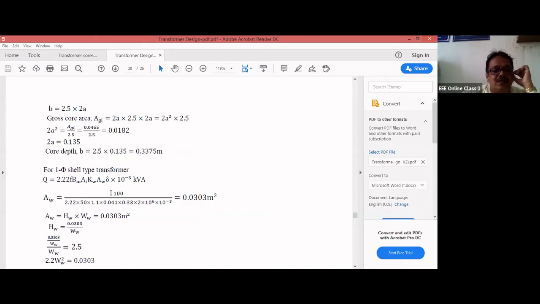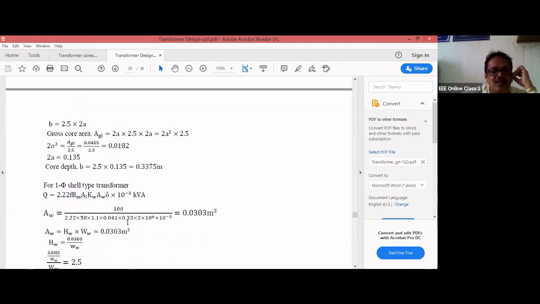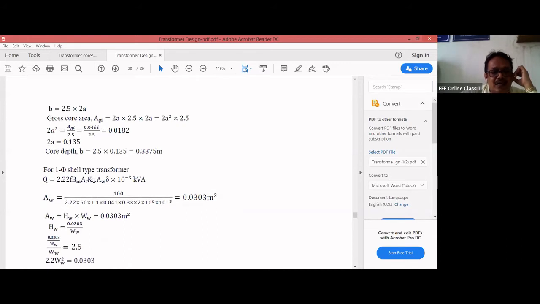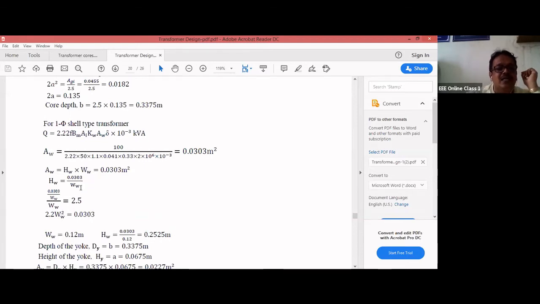Substitute here: kVA is 100, substitute 2.22, frequency, Ai already calculated as 0.041, and the window space factor 0.33. Delta is 2 into 10 power 6. So you calculate Aw. Aw is equal to Hw into Ww, which is 0.0303 meter square.